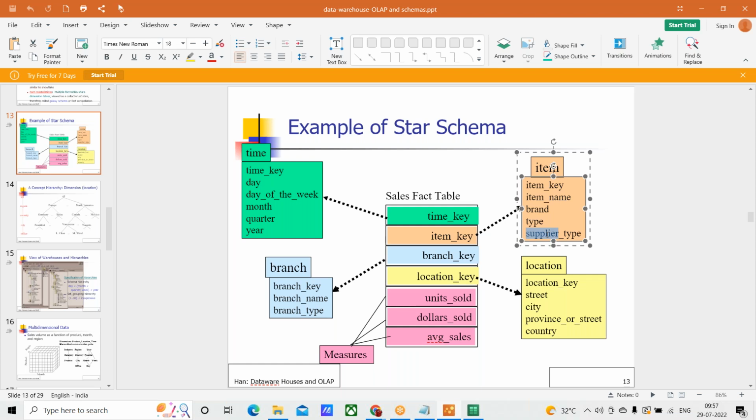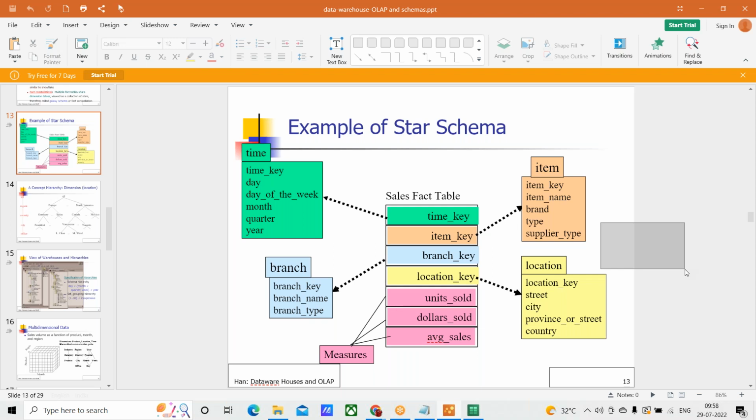Number two is actually the main important reason. If we divide into supplier, you can do the reporting on the supplier dimension also, directly from the supplier. For example, you want to know which supplier is making more profit, or which supplier is giving more business.